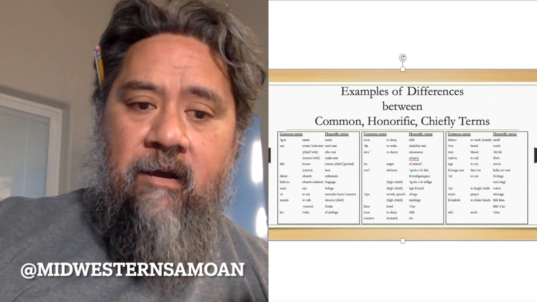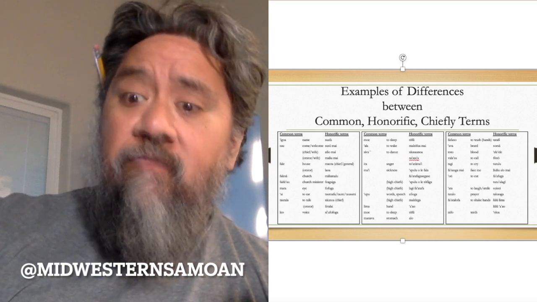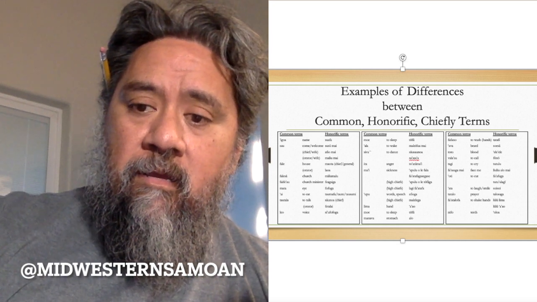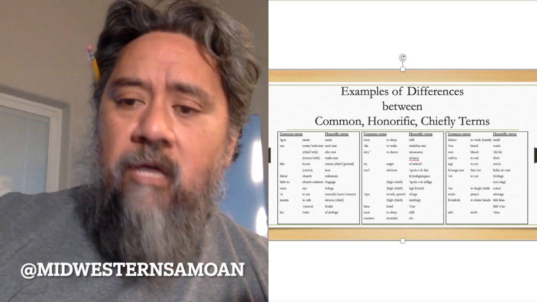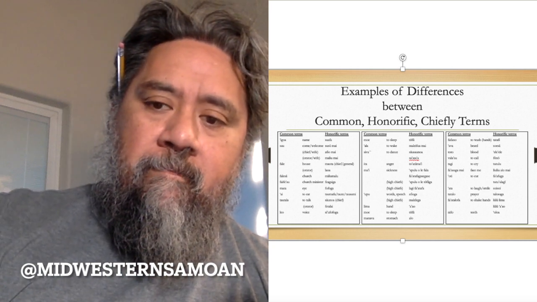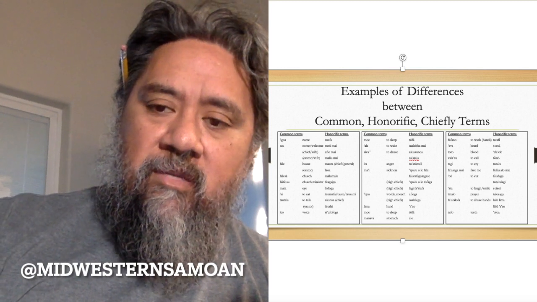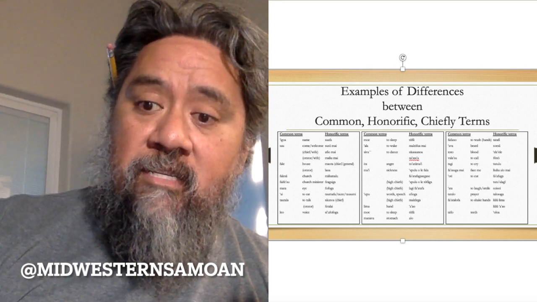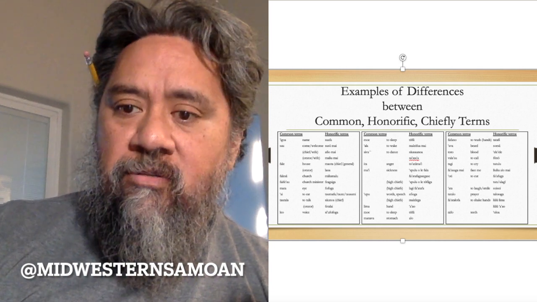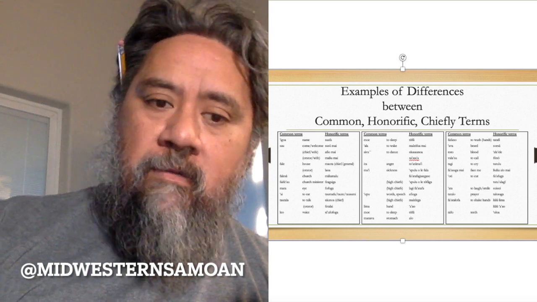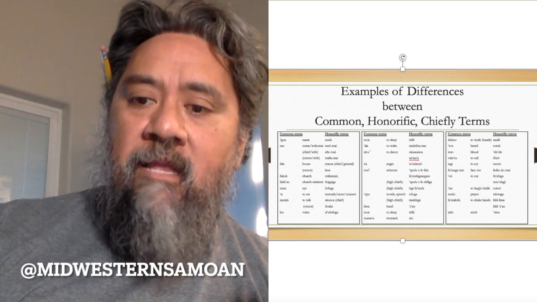And then in the right-hand column, in each of these boxes, you have the honorific term, the one that shows respect, and basically shows that you know a little bit, right? And even that you're trying to learn more of the custom, that hey, this is the word I would use when addressing a chief, or addressing professionals or strangers. These are the terms you want to use to give them some respect in the language.